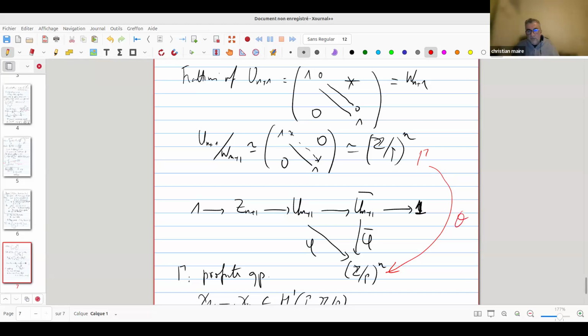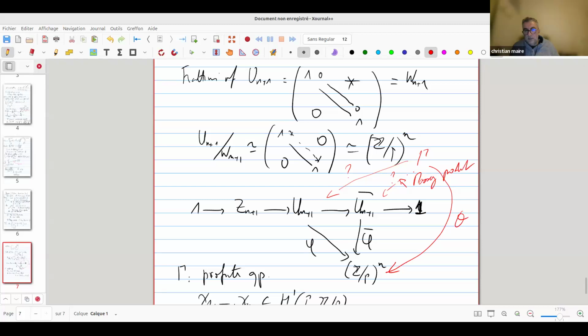And the Massey product is just to see if your map comes from the phi or the phi bar. So you ask if this map exists or if that map exists.